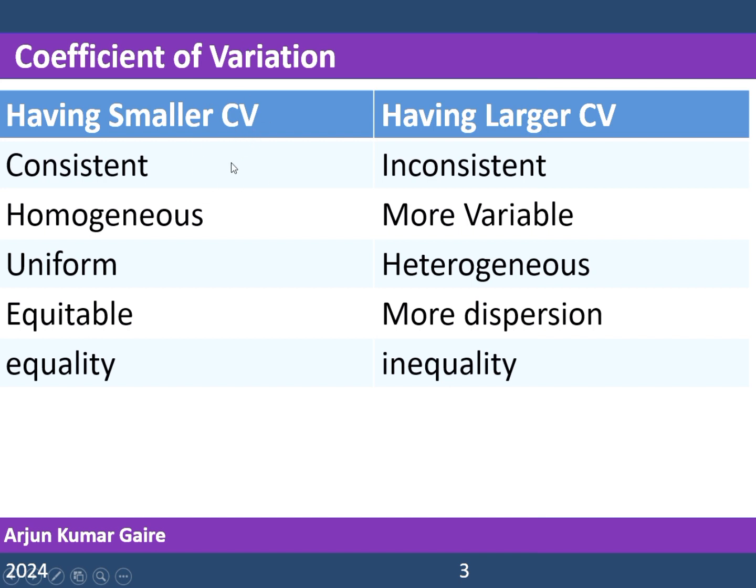The smaller the coefficient of variation, the more consistent, more homogeneous, more uniform the data is. The smaller CV leads to consistent data, and if the coefficient of variation is large, then the data is more unequal, more heterogeneous, and more inconsistent.